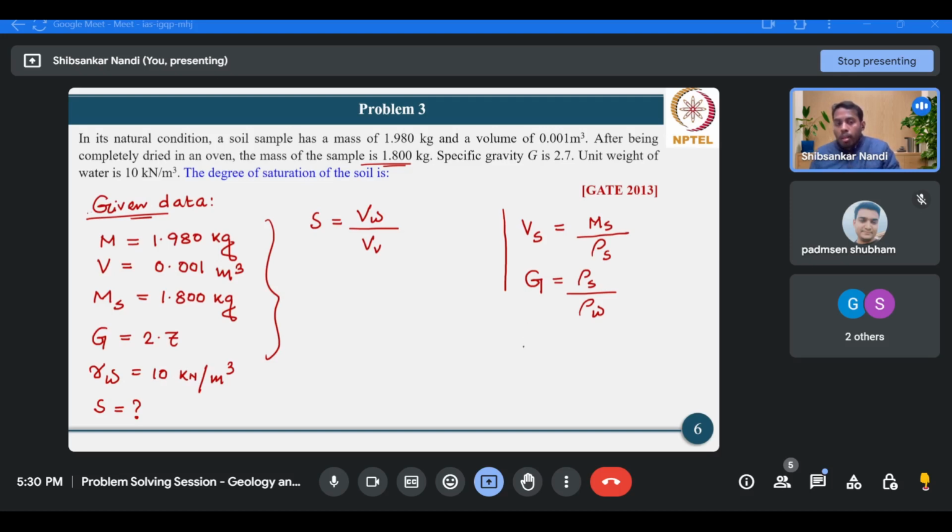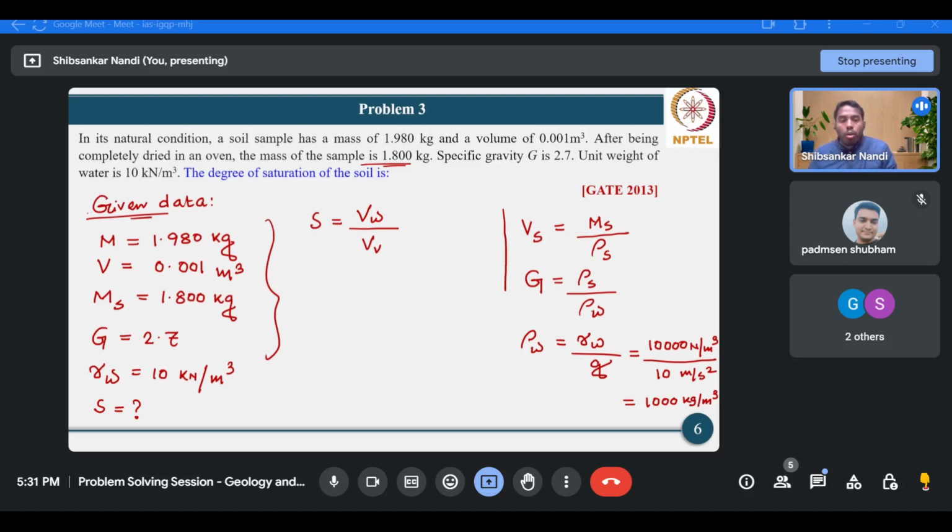So rho W will be simply gamma W by g. Gamma W is given as 10,000 Newton per meter cube, and g, for simplicity, we are taking 10 meter per second square. So it will be 1000 kg per meter cube. So this is the value of rho W.